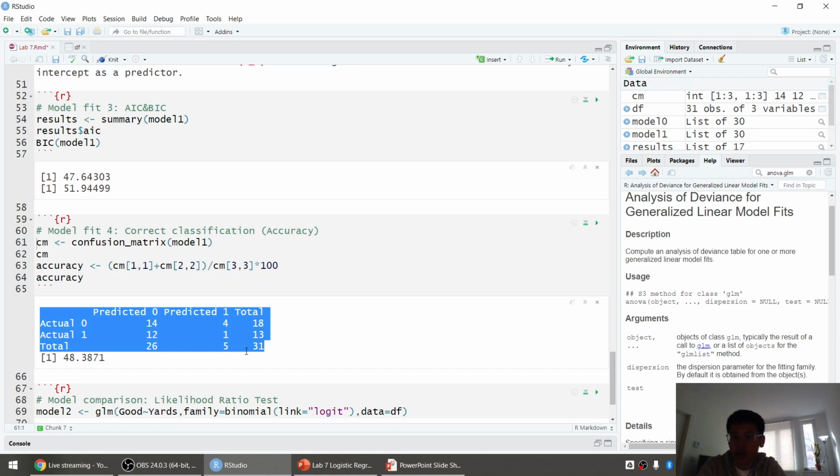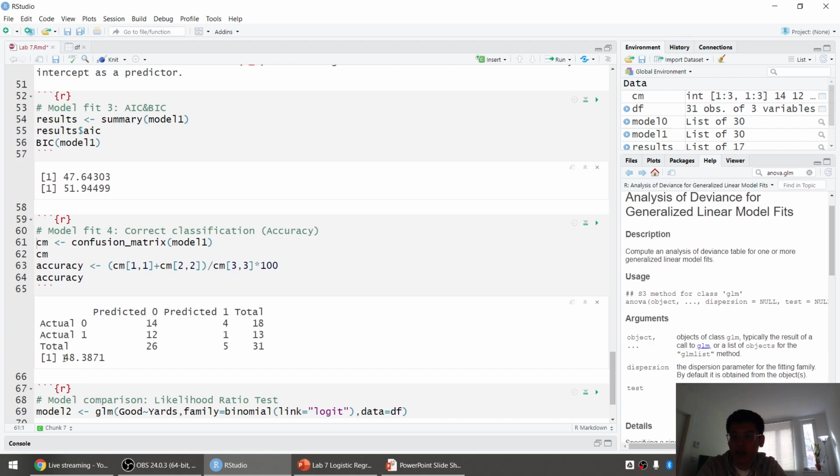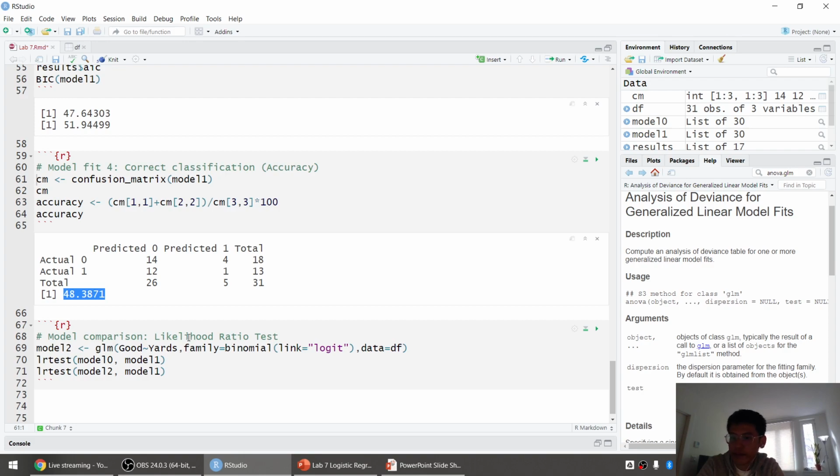So that gives us a percentage of correct classification of 48.39%. So it's even less than the 50% random assignment, random guessing. So it's a bad model in this case. Okay.